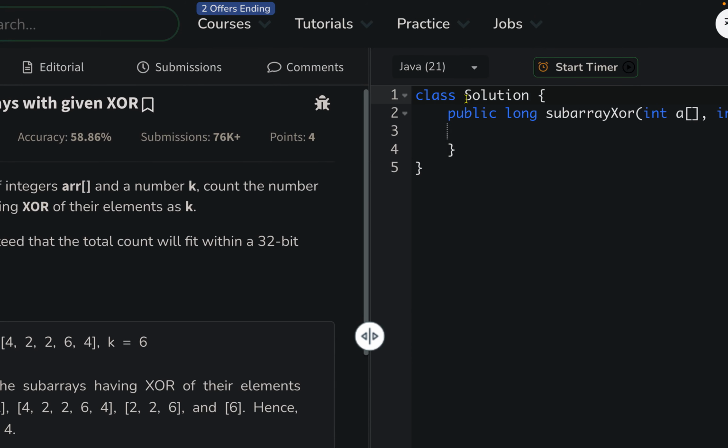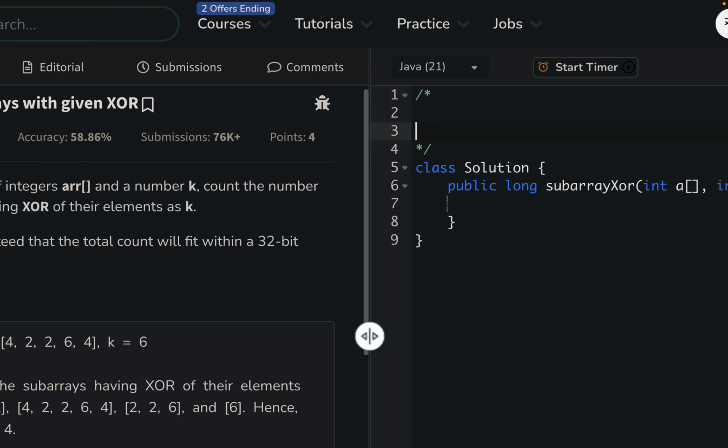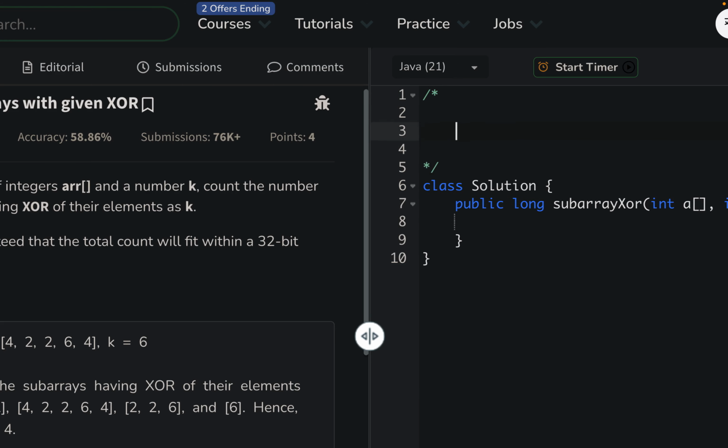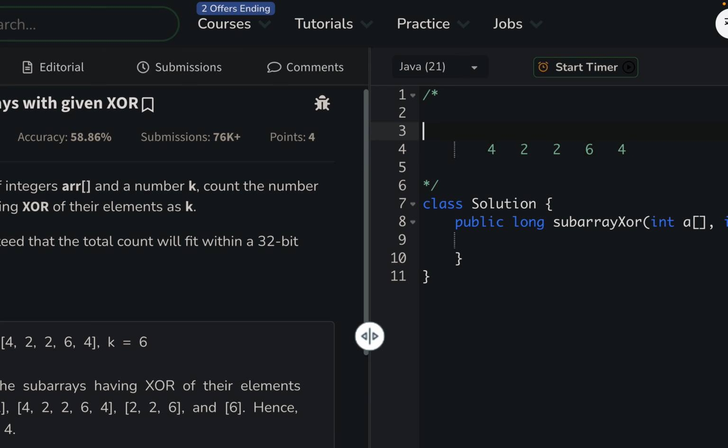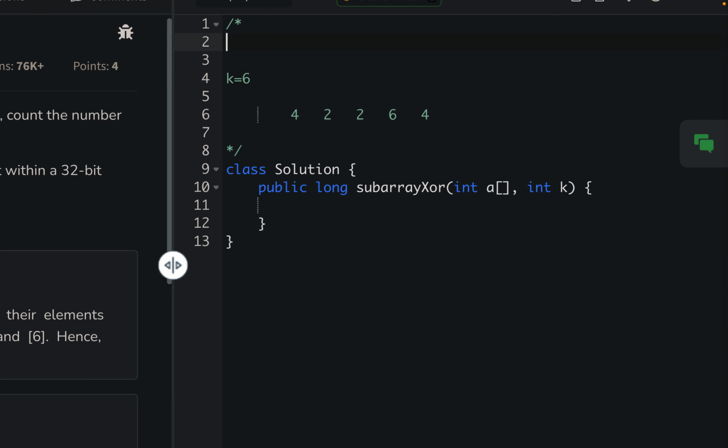So I'll quickly note the first example over here, and we can understand how we can operate on it. So I have 4 2 2 6 4, and here k is 6. Good. Now how are we going to solve this problem?